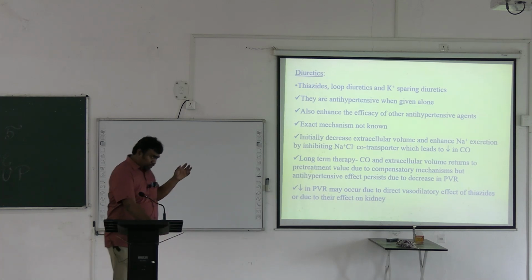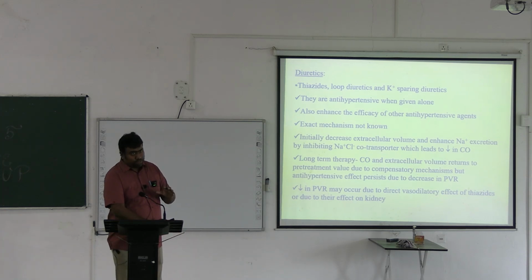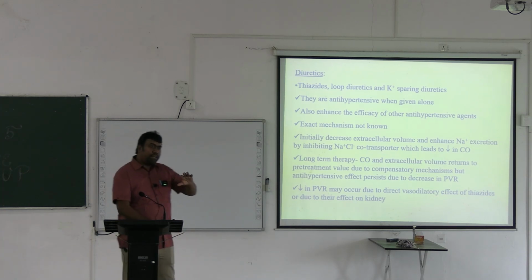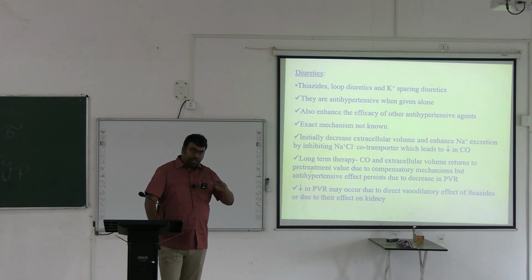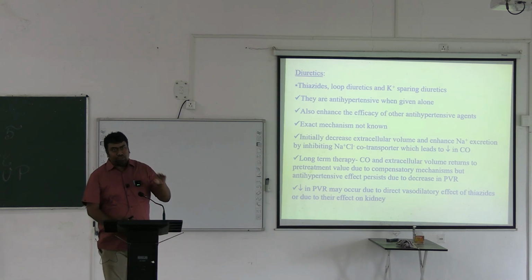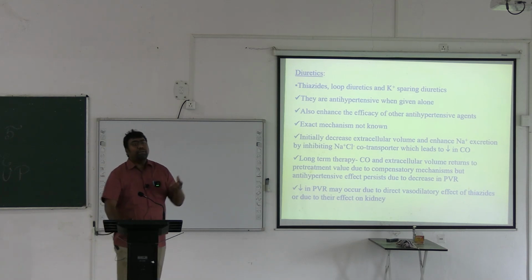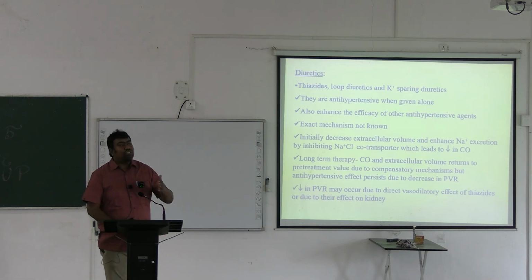They reduce volume of water and sodium from the body. That can come into the normal position after few days. But the base level of sodium as well as calcium present in the smooth muscle of the peripheral vessels will be less if we use for continuous period.